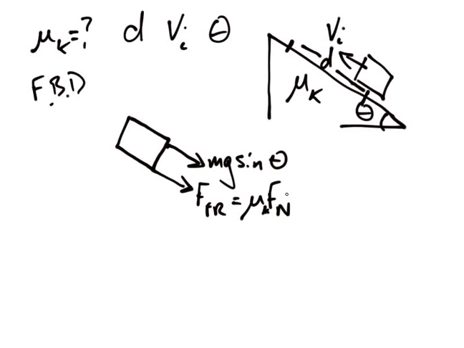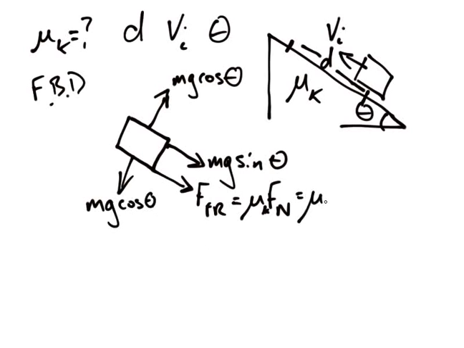Now the force of friction is equal to mu times the normal force, in this case mu k. But the normal force on a slope is equal to mg cosine theta. And of course that's equal and opposite to the component of the force of gravity. That's what the normal force is.